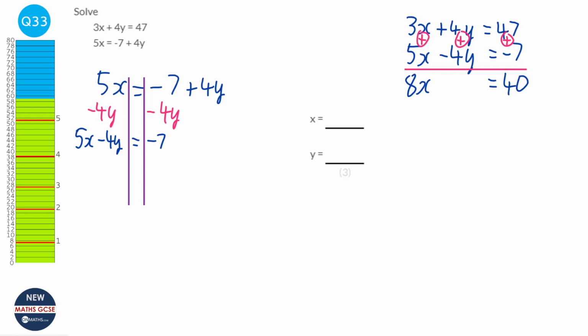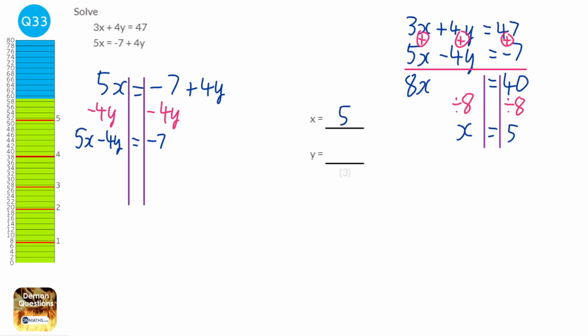Alright, let's put our solving lines in. And we're going to divide by 8 both sides. So we get x equals 5. And we're going to substitute that value into one of the equations. I'm going to pick this top one. So instead of 3x, we're doing 3 times 5 plus 4y equals 47. Get my solving lines in.